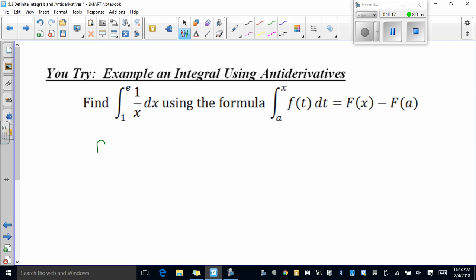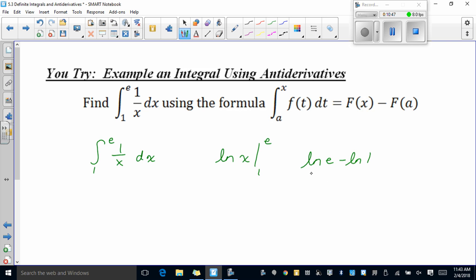So you get the natural log of e minus the natural log of 1. Well, e to what power gives you e? 1. And e to what power will give me 1? E to the 0 power. So your answer to this guy is just 1.